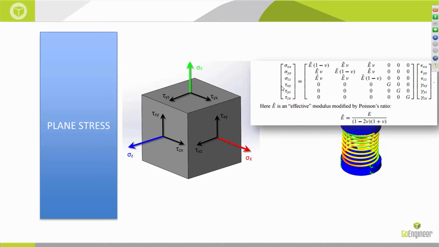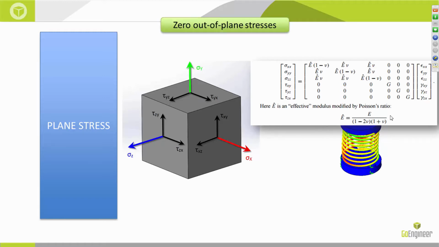Now, this stress calculation process involves the processing of this big old matrix. What this matrix relates is all of these stress terms to all of these strain terms. In other words, each of these stress terms is dependent on each of these strain terms, and this dependency is maintained by material properties such as the elastic modulus of the material and the Poisson's ratio.